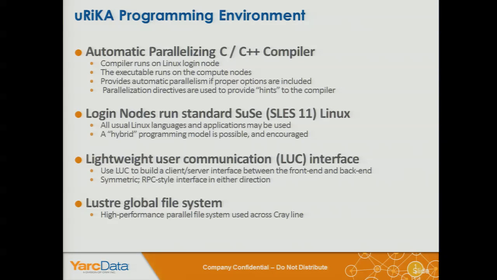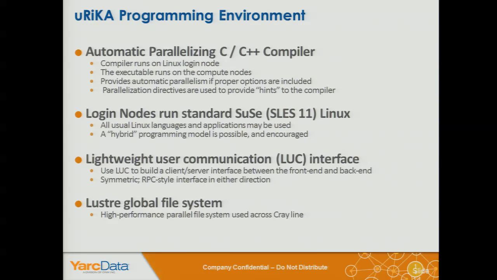So we have a single compiler for the uRiKA, an automatically parallelizing C++ compiler. It's a cross-compilation environment. It runs on the login nodes and creates a ThreadStorm binary. It does a very good job of automatic parallelization.